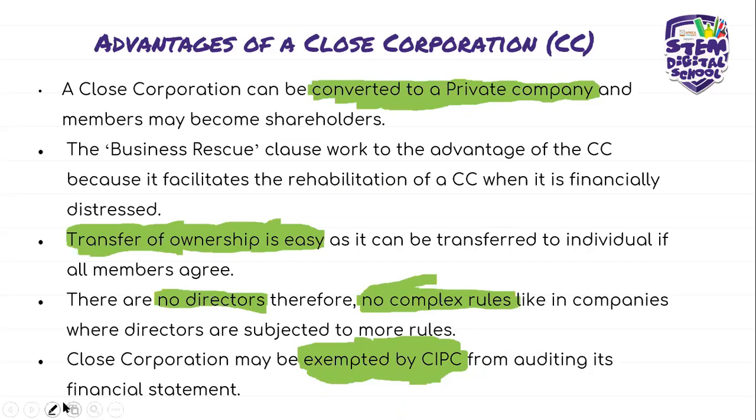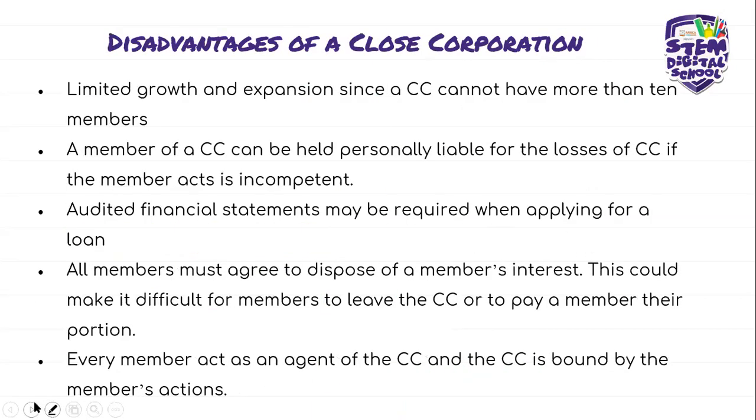Okay, now let's look at the bad things about a closed corporation. What will demotivate people from forming a closed corporation? That's where we look at our disadvantages. When we look at our advantages, we ask what are the good things that can motivate people to have a closed corporation as a form of ownership?